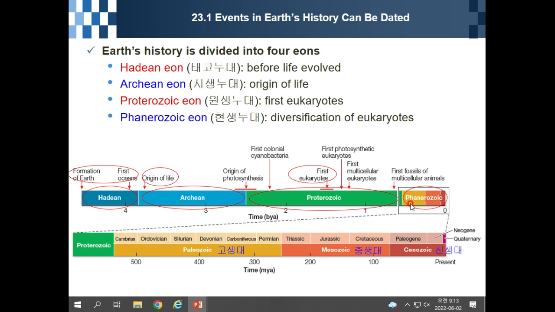Phanerozoic is composed of the Paleozoic, the Mesozoic, and the Cenozoic. Paleozoic we call gosaengdae, Mesozoic we call jungsaengdae, and Cenozoic we call sinsaengdae. For example, the Paleozoic is composed of the Cambrian, the Ordovician, and so on.